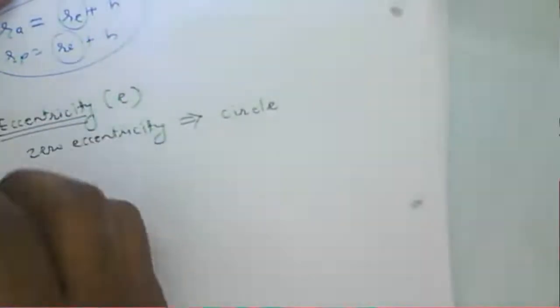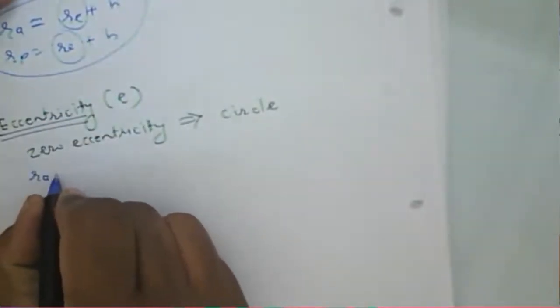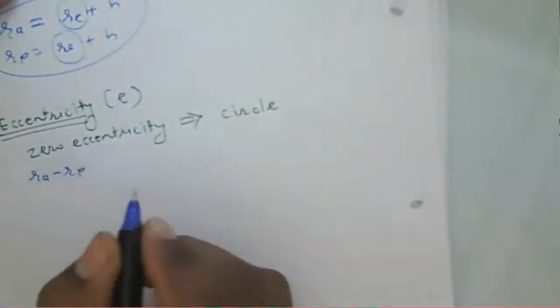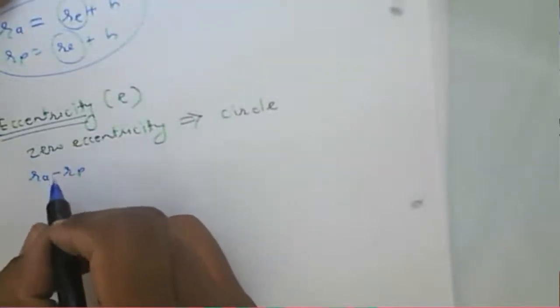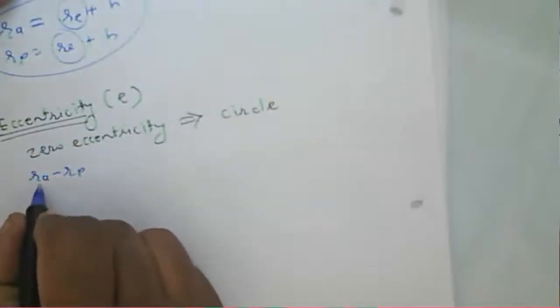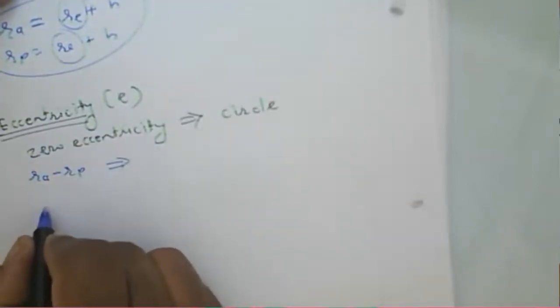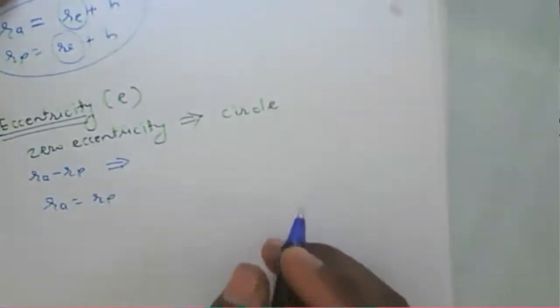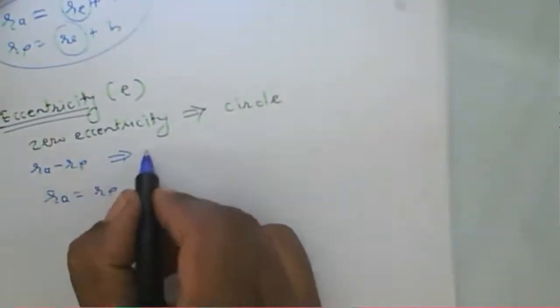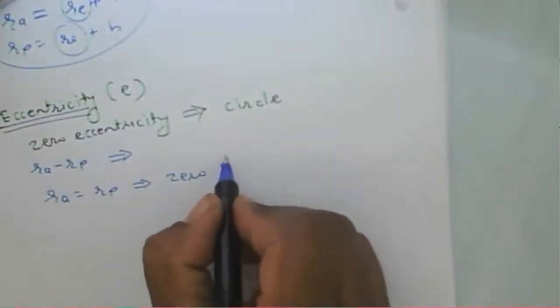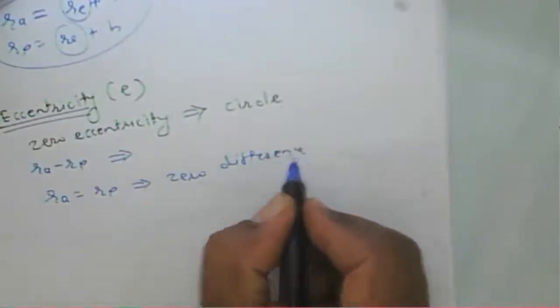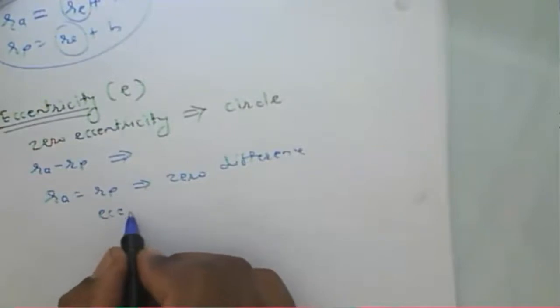So eccentricity is nothing but a relationship between the difference in the maximum and minimum radii, meaning RA minus RP, the radii from the apogee and perigee.